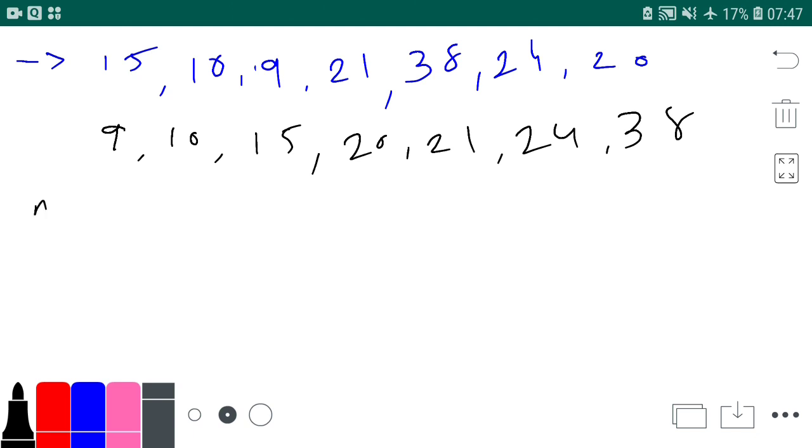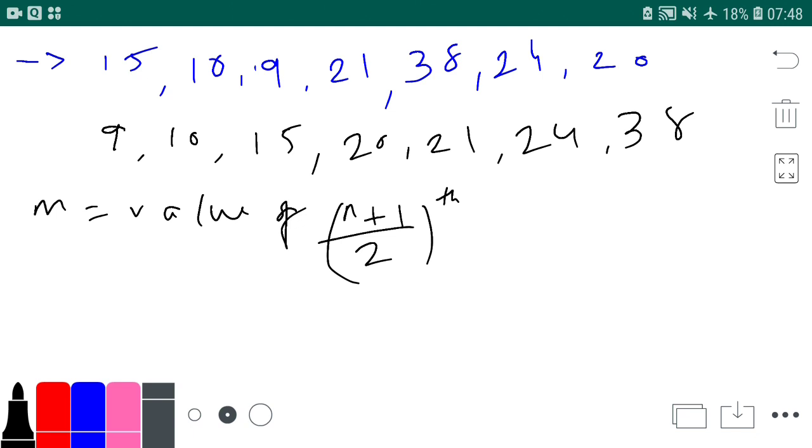Now I told you that median is equal to what? Median is the value of (n plus 1) upon 2 th observation.